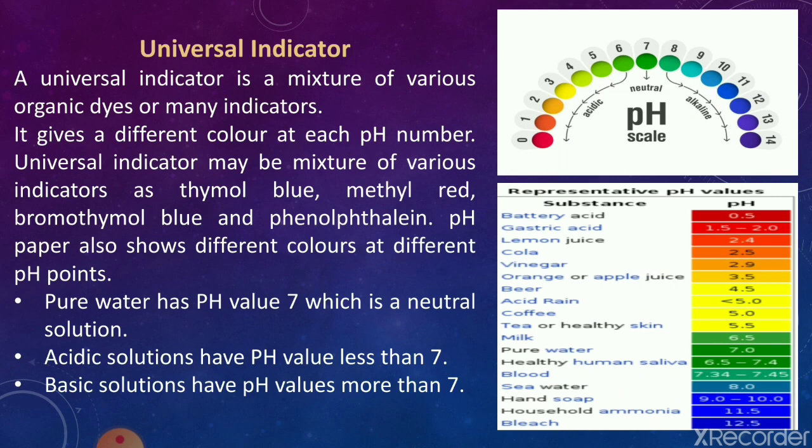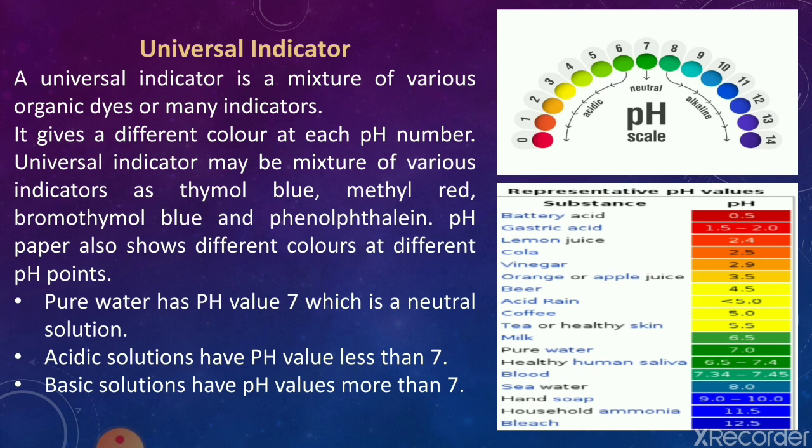So it indicates the chemical nature of the substance as well as the strength of the substance in terms of pH. So an example of universal indicators is first of all the pH scale. The pH scale gives the pH range of each and everything at each pH point, each range.